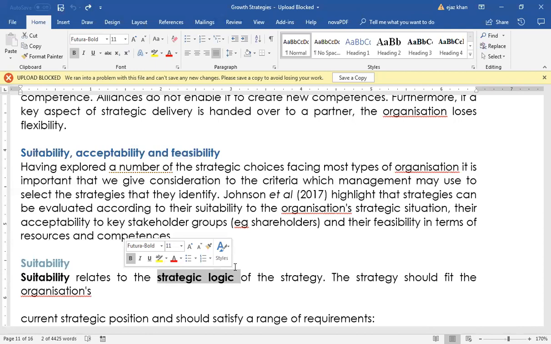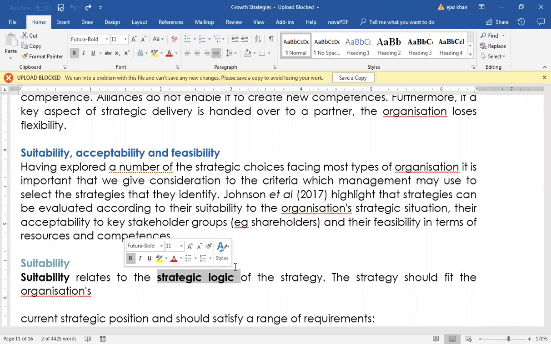They don't know how to do online marketing. They don't have expertise in digital marketing, or they don't have the capabilities and resources available for digital marketing. Now, in that case, if you come up with a strategy of offering your products online, it may not be successful.